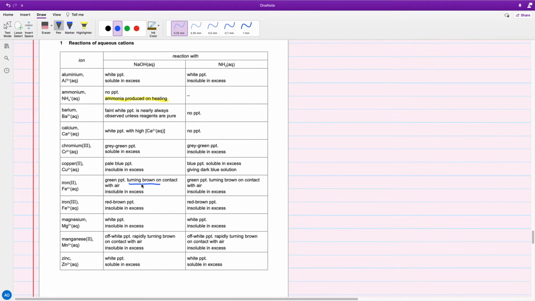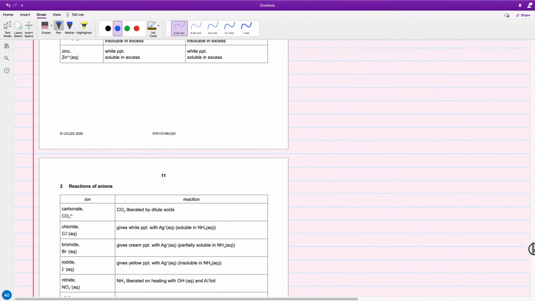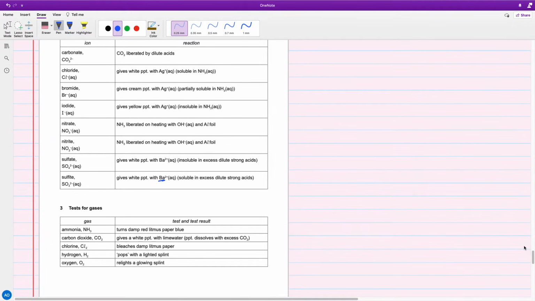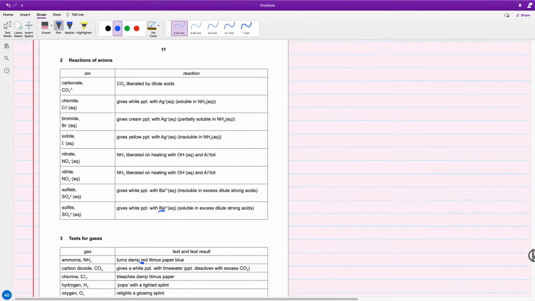Now, we can test it by heating the ammonia. With the sodium hydroxide in the test tube, you can heat it up, and you're going to notice that ammonia is produced on heating. If you grab your litmus paper, it will turn the damp red litmus paper blue. That's how you know for sure that there's ammonia gas.